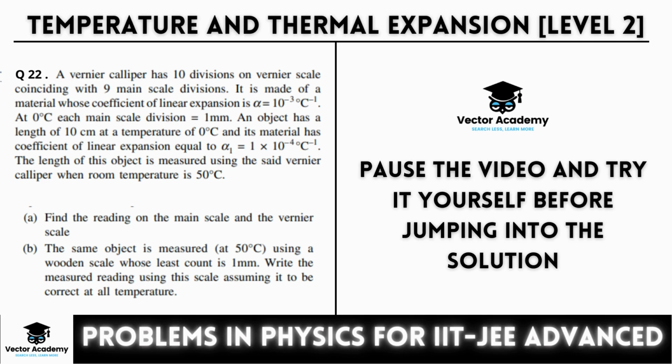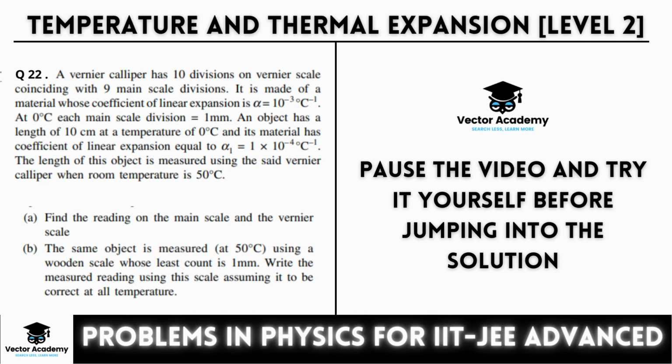At 0 degrees Celsius each main scale division equals 1 mm. An object has a length of 10 cm at a temperature of 0 degrees Celsius and its material has coefficient of linear expansion equal to alpha 1 equals 1 into 10 to the power of -4 per degree Celsius.